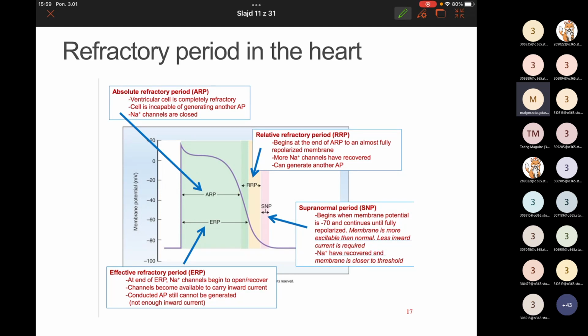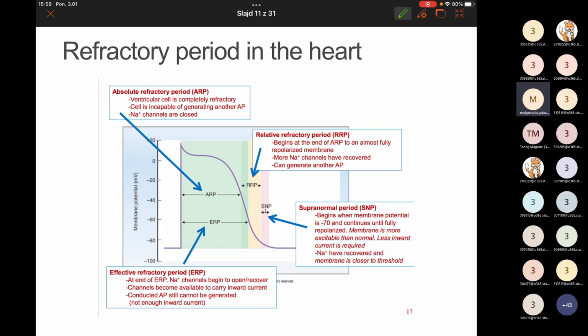In the case of cardiomyocytes, the situation is a bit more complicated. As you can see on this graph, there are three types of refractory periods in the cardiomyocytes: the absolute refractory period, the effective refractory period, the relative refractory period, and the last one, the supranormal period, which is a part of the relative refractory period.